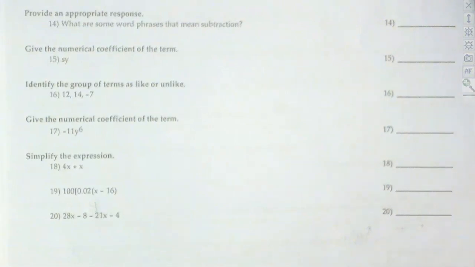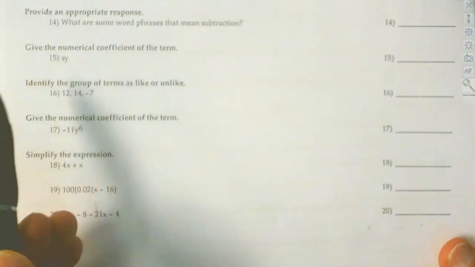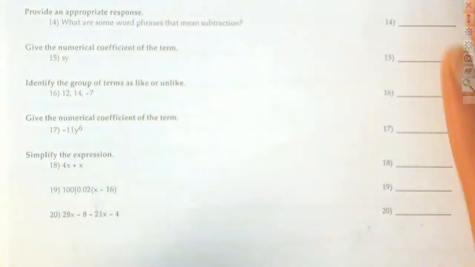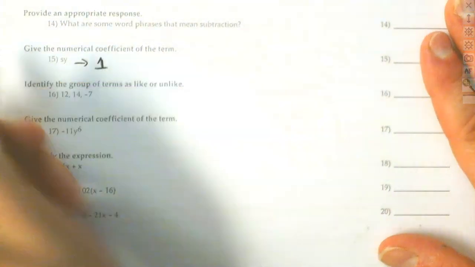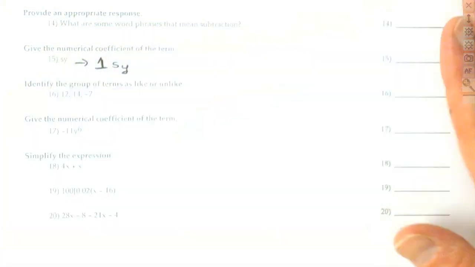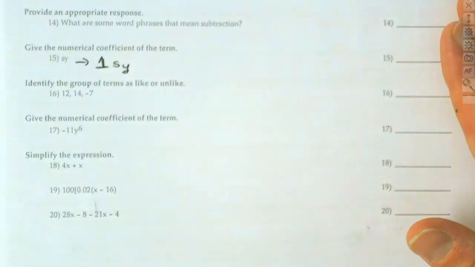Okay, 15. 15 is easy, but I want you to understand what I'm talking about when I say numerical coefficient. What would the numerical coefficient of SY be? It wouldn't be 0, okay, because always remember there's a 1 out in front, because SY is the same thing as 1SY.